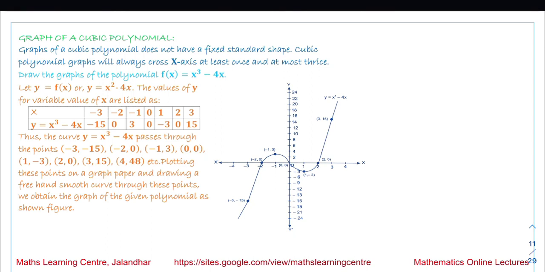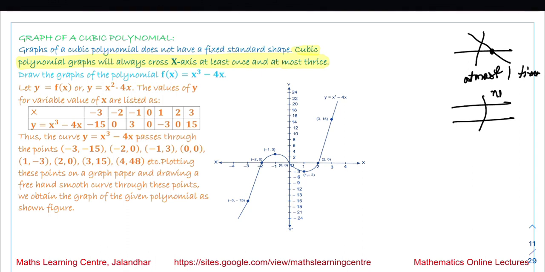But one thing is important to note here: a cubic polynomial graph will always cross the x-axis at least once and at most thrice. When we draw a linear polynomial, it is a straight line, so it will intersect the x-axis at most one time.